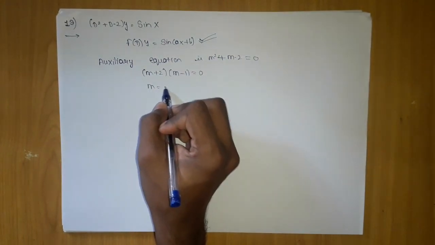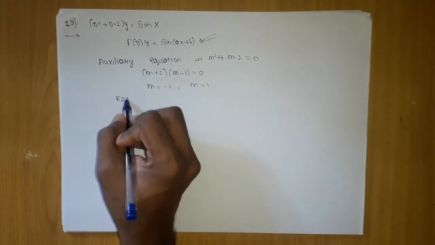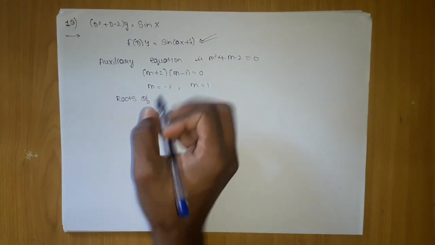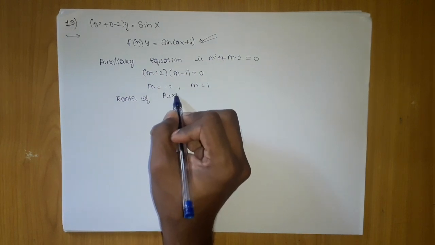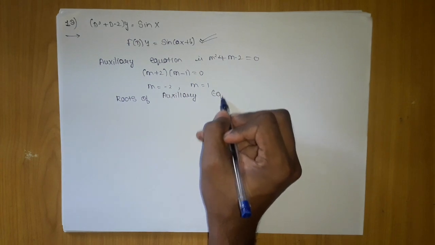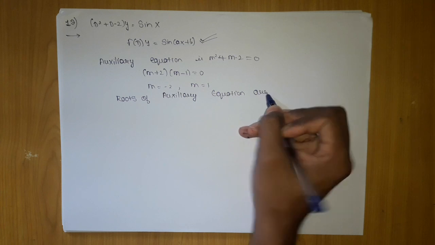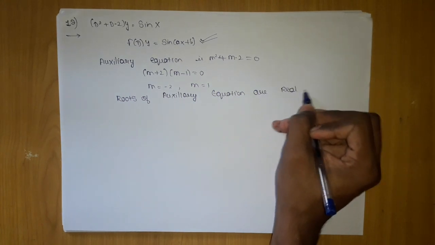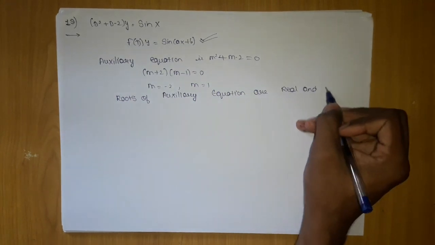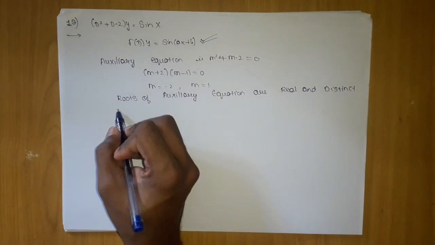You will get roots as, then you can say the roots are real and distinct. Now the complementary function is very easy. It's not a big thing.